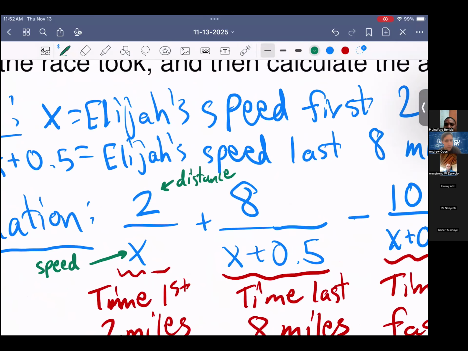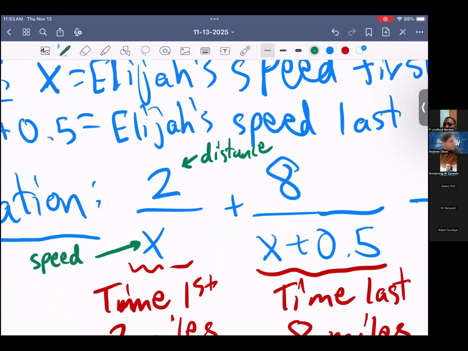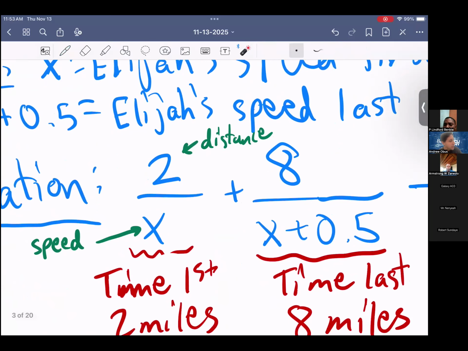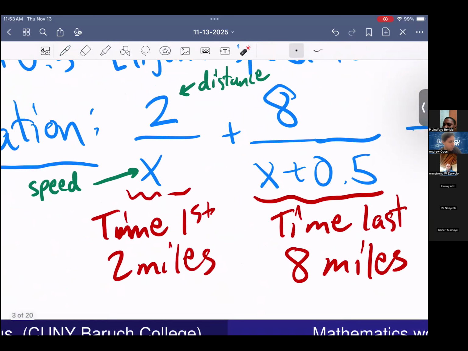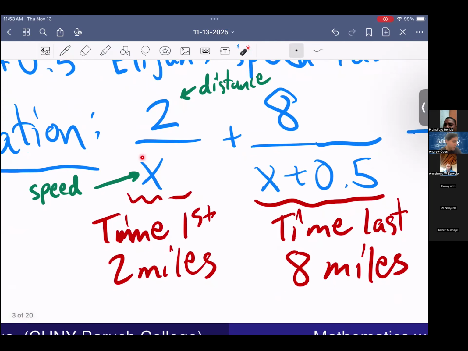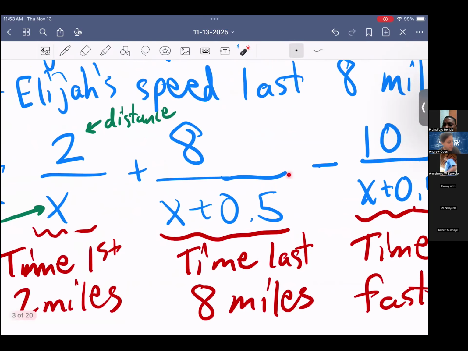This is what we set it equal to. So we have a distance divided by a speed is equal to a time, right? So you're doing a distance of 60 miles at a speed of 30 miles an hour. That takes 2 hours, right? So distance over speed is time. So this is the amount of time that it takes to cover the first 2 miles. Over here, this is the amount of time it takes to cover the last 8 miles.